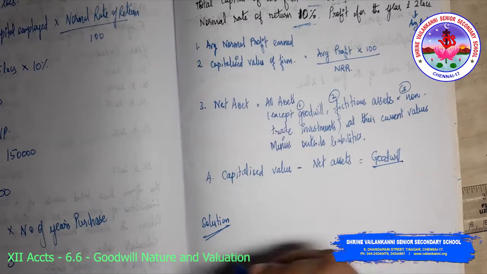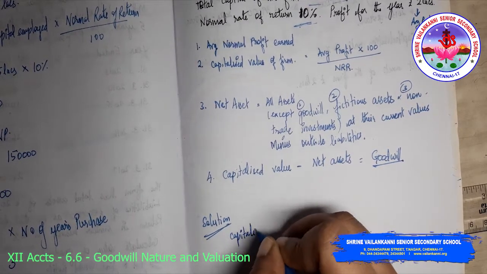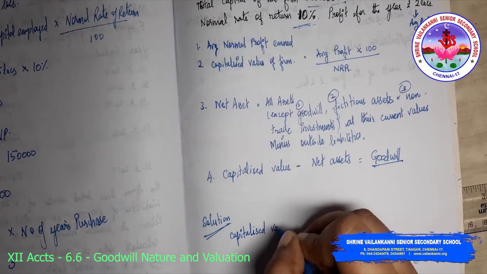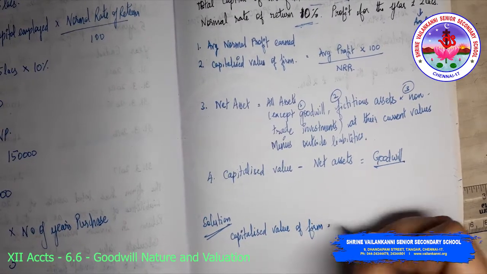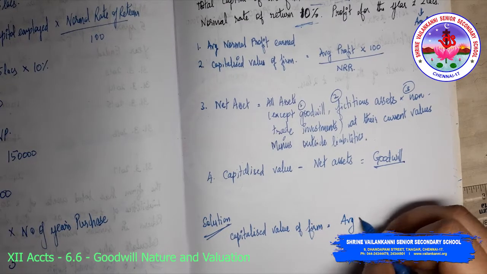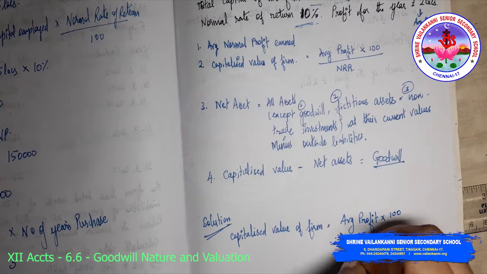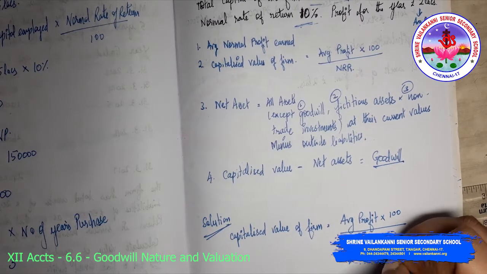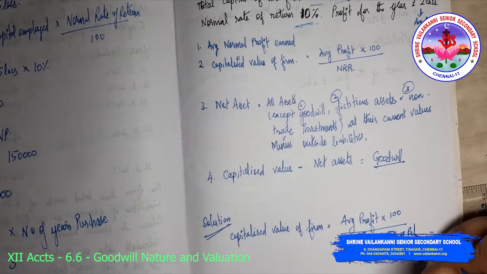Capitalized value of firm is equal to average profit into 100 divided by normal rate of return.